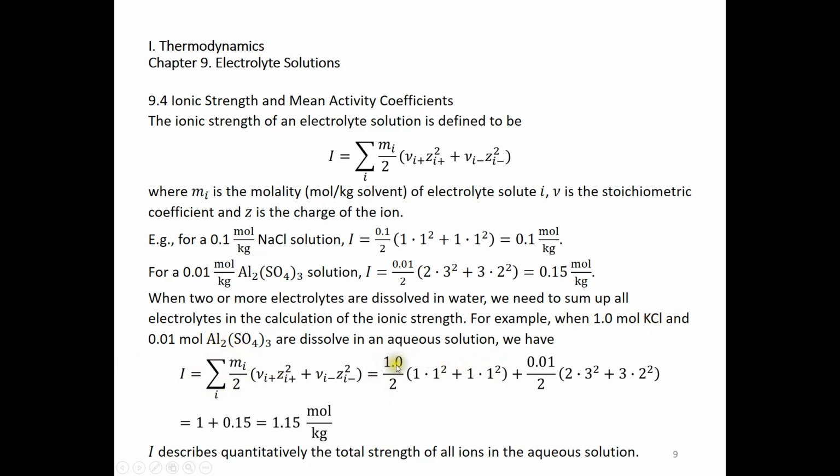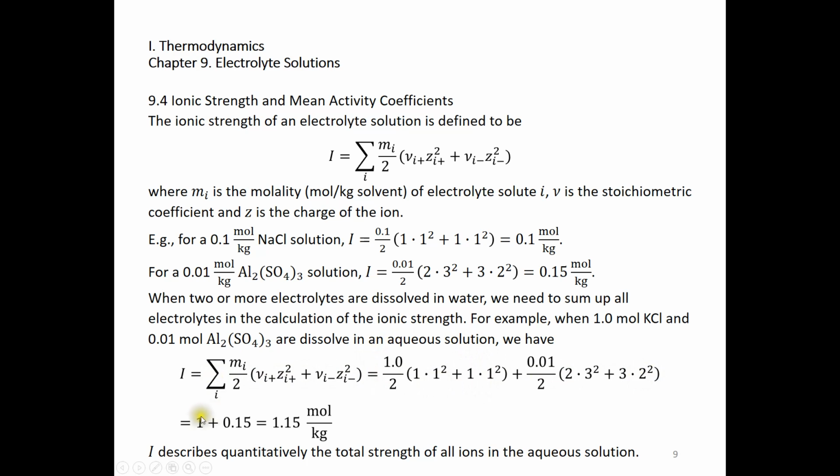For KCl, we have the molality 1.0 over 2 times the coefficient times the charge squared for potassium, again the coefficient times the charge squared for chloride. And this is the molality of aluminum sulfate over 2, and then 2 is this coefficient here, multiplied by the charge of the aluminum cation squared plus 3, which is the coefficient for sulfate, times its charge squared.